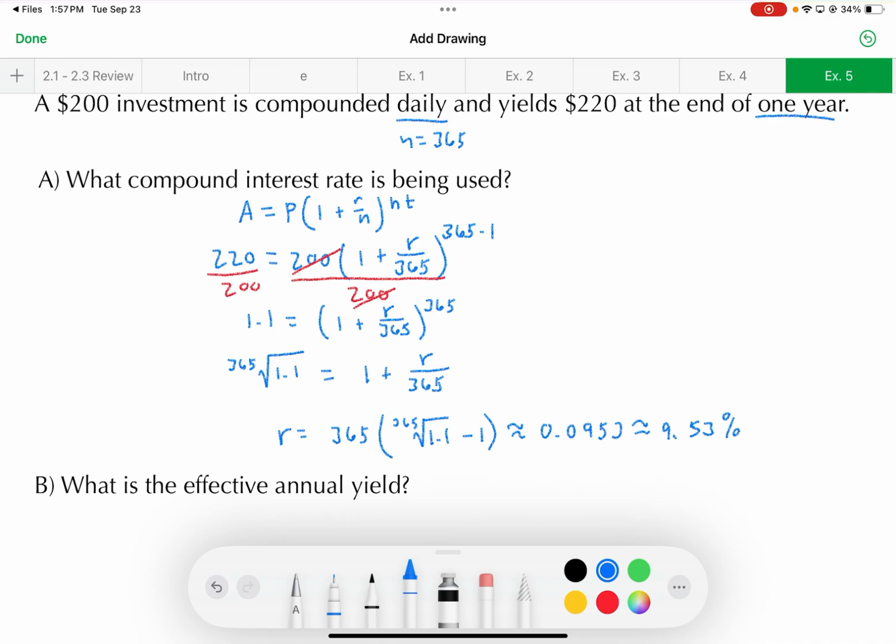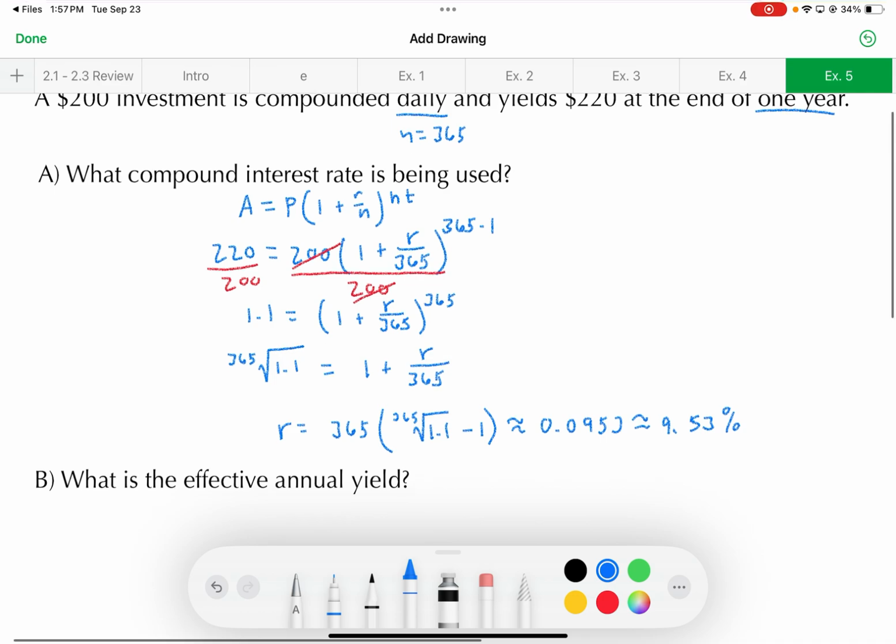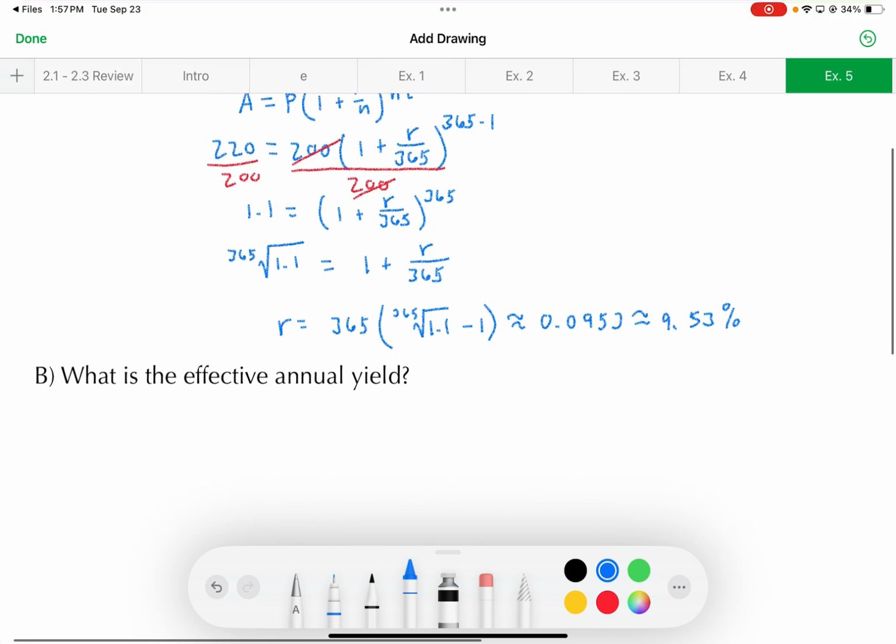Okay, so now we want to know what would the effective annual yield need to be in order to get that same amount of interest, to go from $200 to $220. That's what we mean when we say effective annual yield. So there's a couple ways you could go about this. You could go back to your regular exponential growth formula, the non-compounding one.